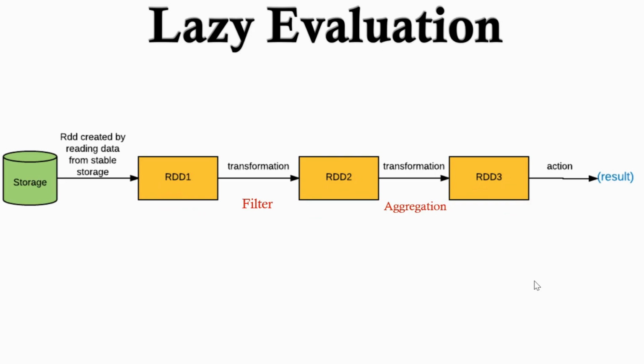Could be a data warehouse, could be an S3 bucket. So this complete thing is evaluated only when an action is called. And unless and until an action is called, it is just stored as a DAG. It is not being evaluated. So this is a very important and major feature of Spark.